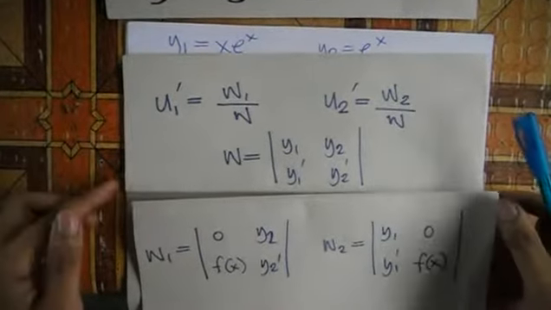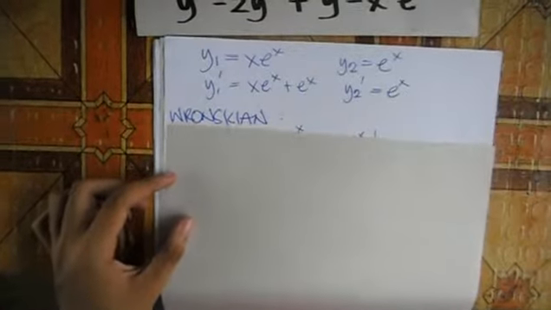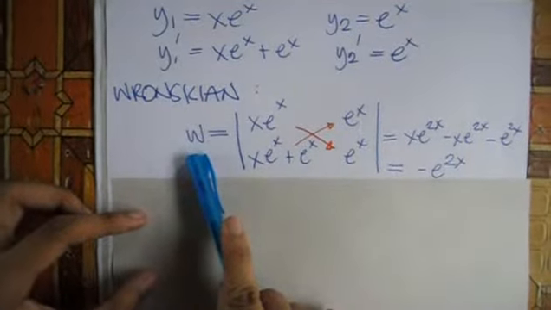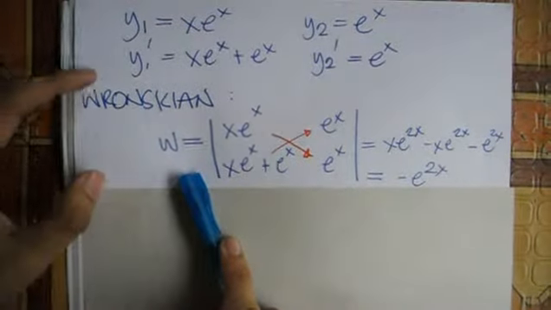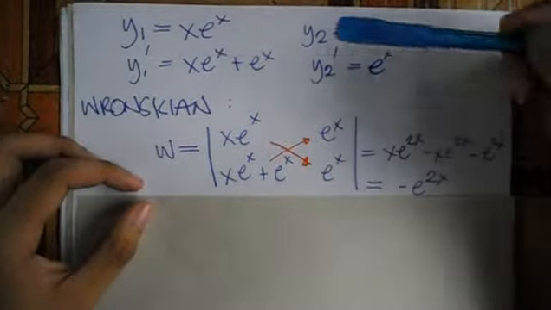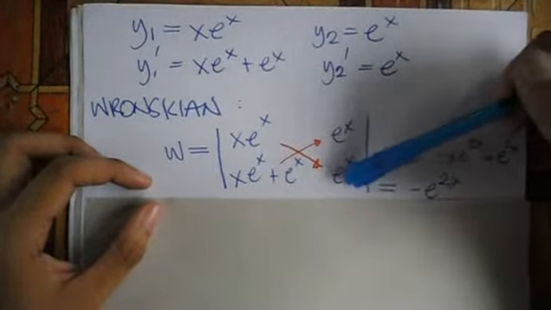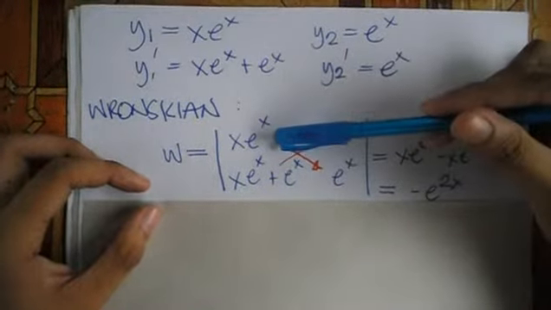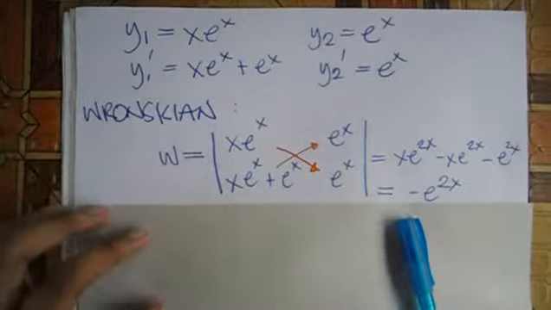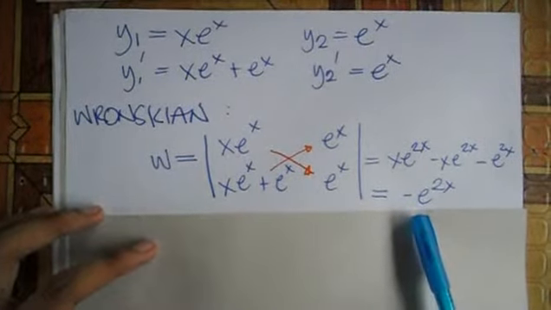So again, going back to our plate, we find w first. In finding w, we use the values of y and y primes. Here we put the value of y1, then y1 prime, y2 prime, and we get their products. We now derive the value of w, which is -e to the 2x.